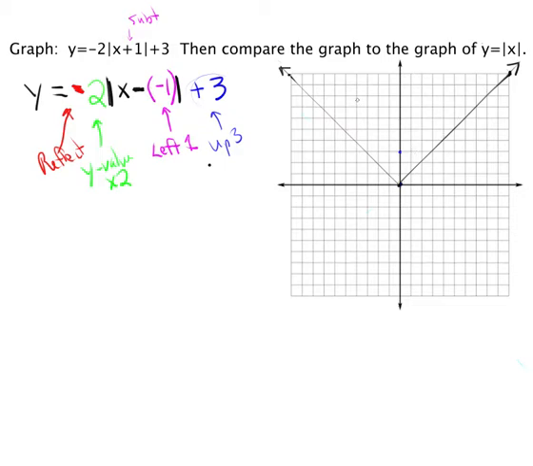So this line, all those infinite number of points, are going to move vertically up 3. So I'm going to use this point now to get my over 1 up 1, over 2 up 2, over 3 up 3. So I see that my line becomes up here and then left 1 up 1, left 1 up 1.